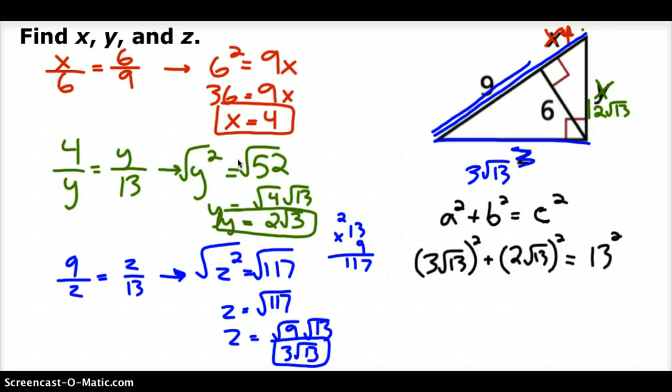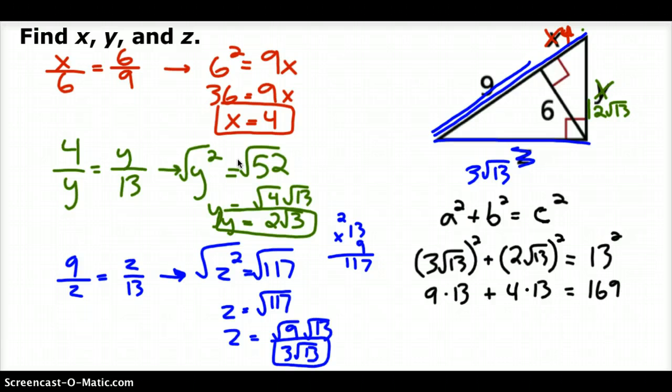So 3 squared is going to give us 9, and this is going to be 9 times 13. Plus 2 squared is going to be 4, right? So this is going to be 4 times 13, since radical 13 times radical 13 is just 13. And that's going to equal basically 169.